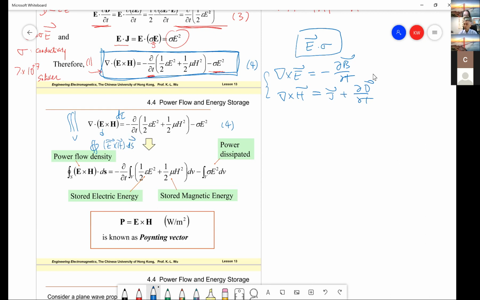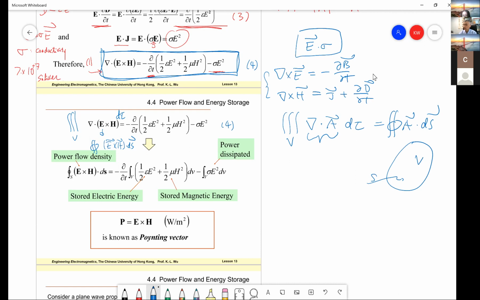If any variable satisfies this relation, whose divergence is the curl of this, then the volume integration of this equals this. We proved this. So this is a surface, and this is a volume, surface and volume.